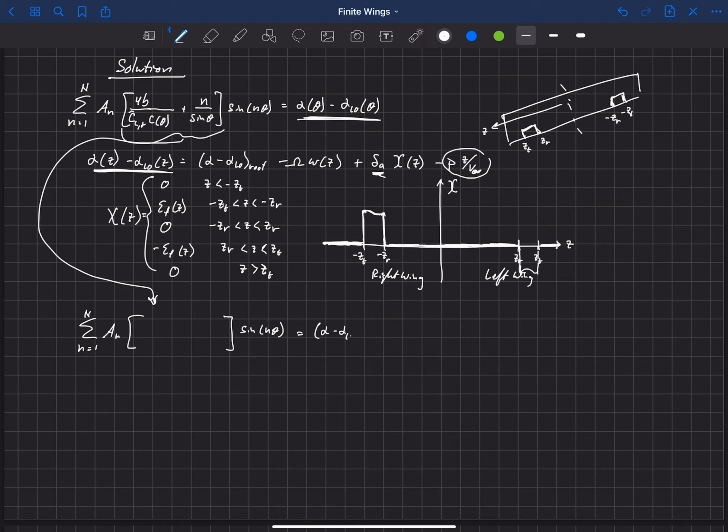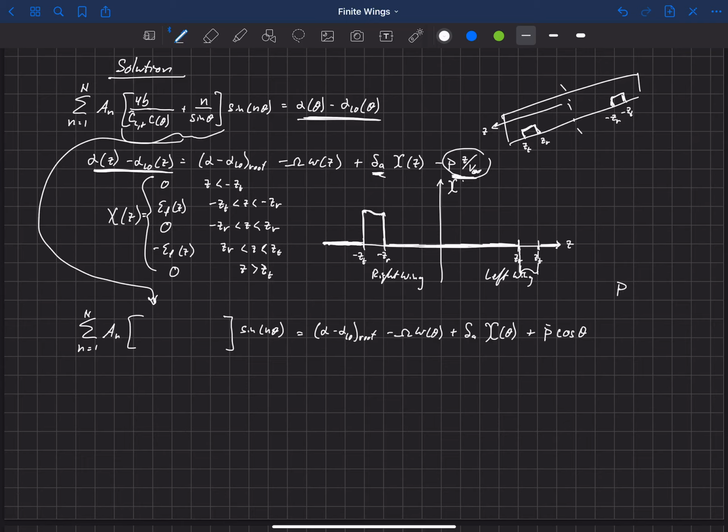So it's alpha minus alpha L0 at the root, that's just a constant, minus capital Omega times little omega of theta instead of z, plus delta A times chi of theta, plus, and now this linear term here, once we do the change of variables, we can write that as p bar, a non-dimensional rolling rate, times cosine of theta.